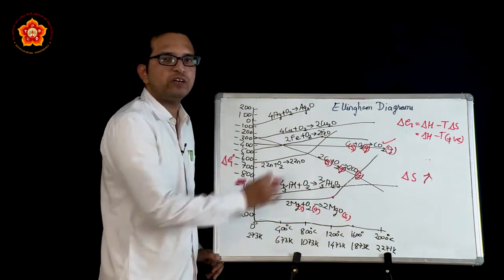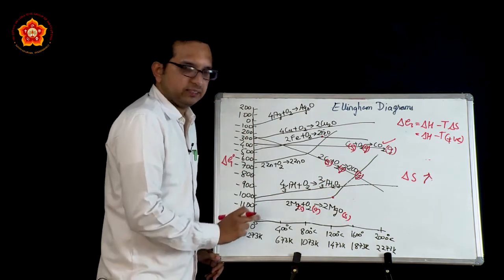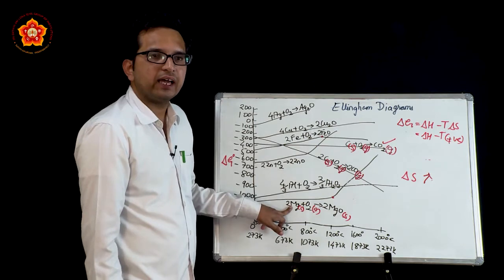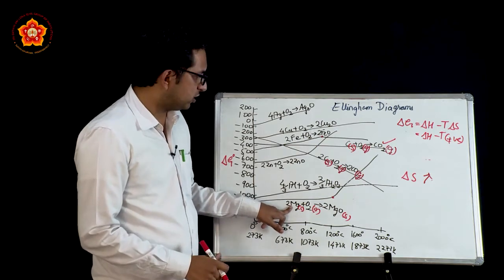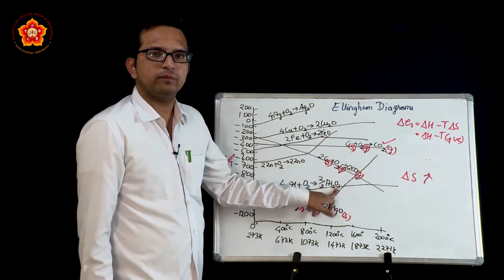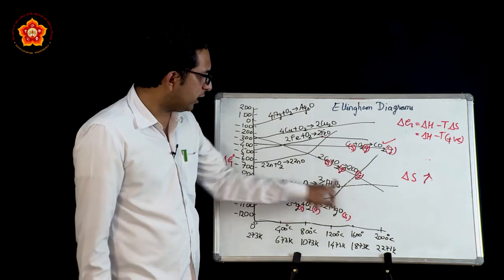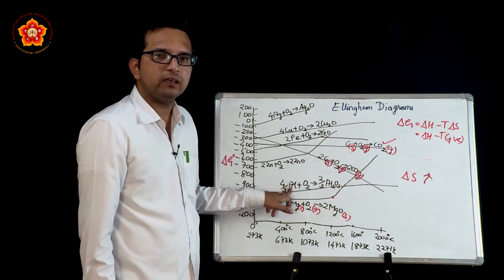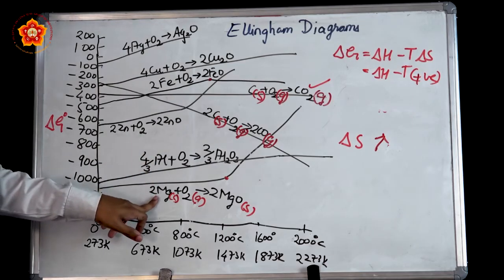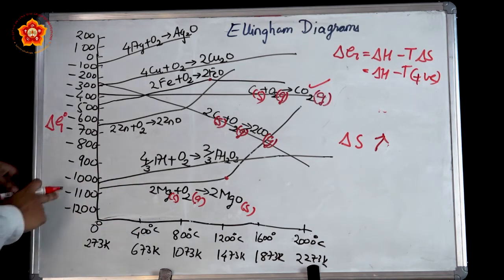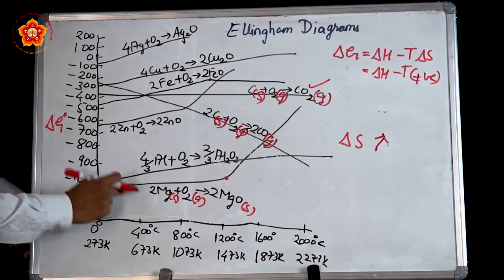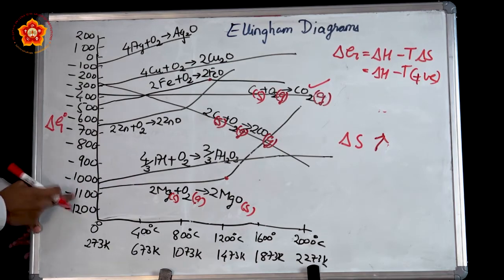Here, magnesium metal can act as a reducing agent for Al2O3. So if you want to reduce Al2O3 back to Al, you can use magnesium metal because the Gibbs free energy for this is much higher on the negative side.